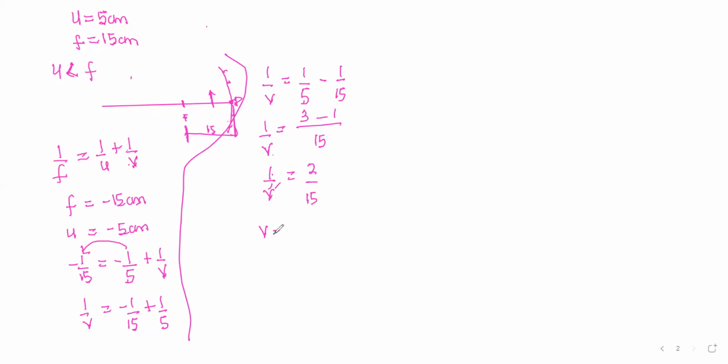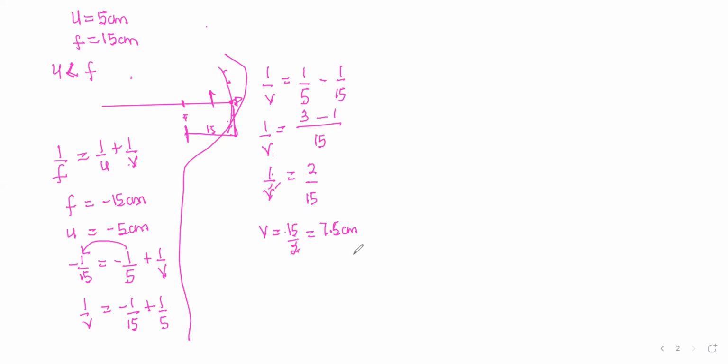V therefore is 15 over 2. That is 7.5 centimeters. And because V is positive, image is behind the mirror.